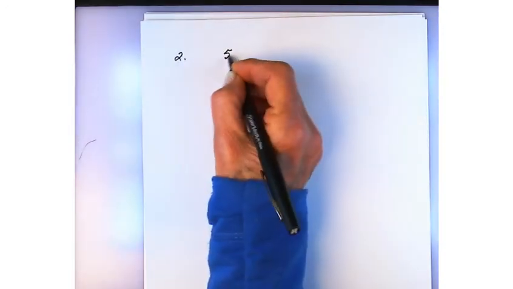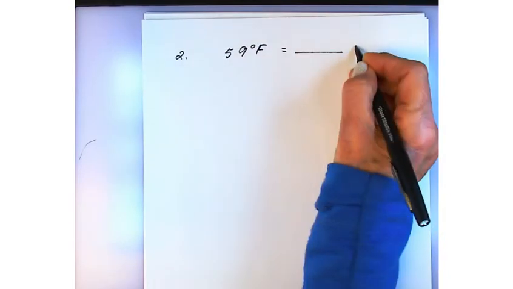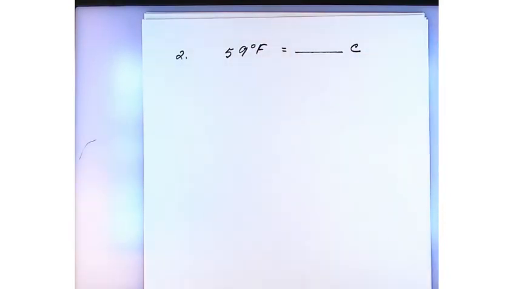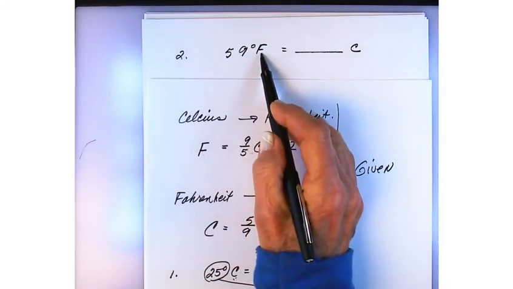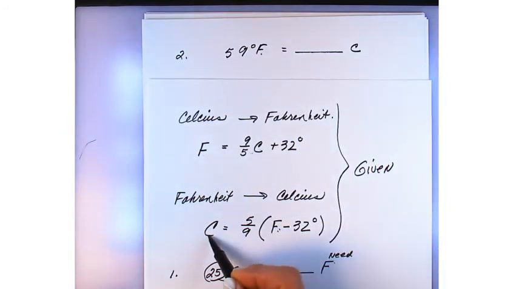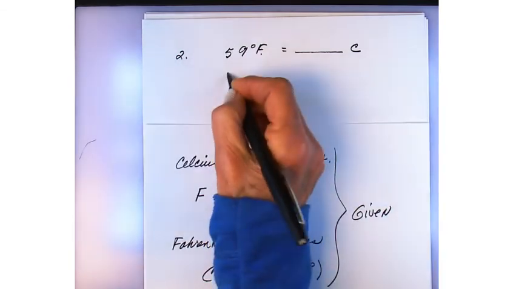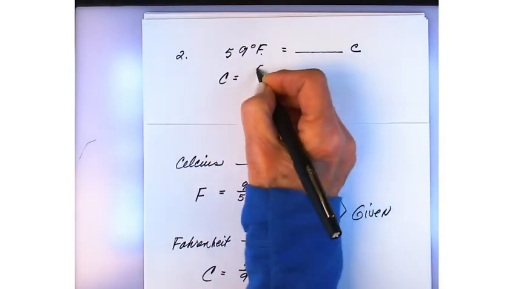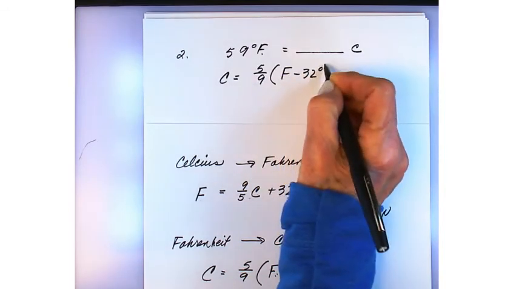Now let's go from 59 degrees Fahrenheit to Celsius. So now let's look at our formulas. We have Fahrenheit, so I have to pick this equation that will generate my Celsius. So Celsius equals 5/9 left paren F minus 32.